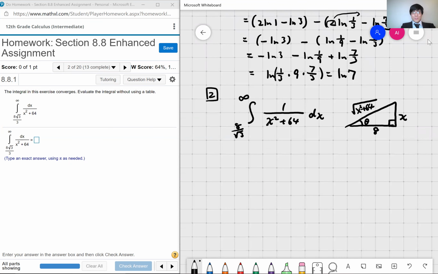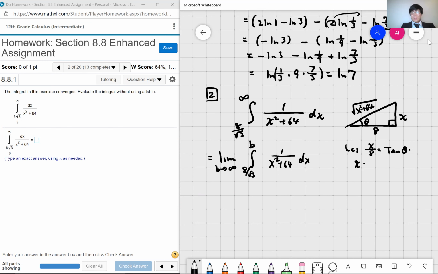So first of all, this is an improper integral of type 1. So let's make it from 8 over square root of 3 to b, and make b go to infinity. Let's make a substitution here. So let x over 8 be equal to tangent theta.